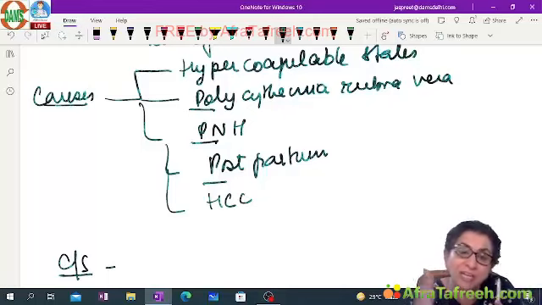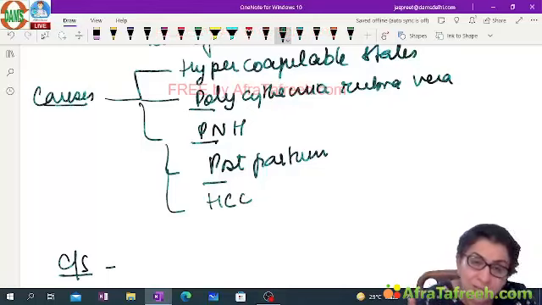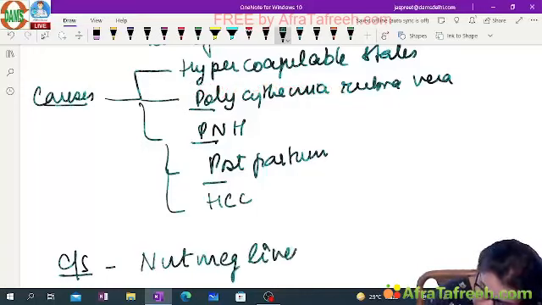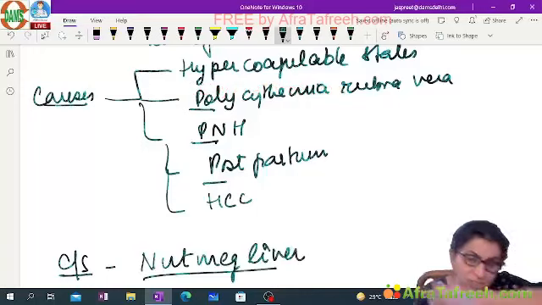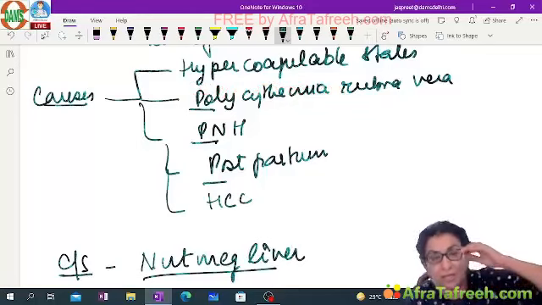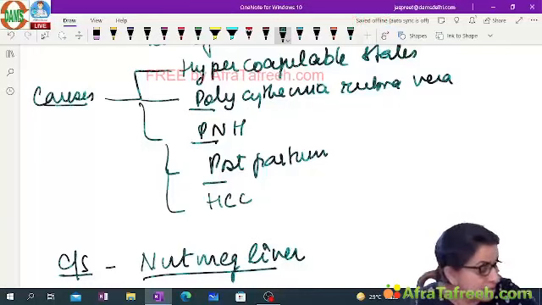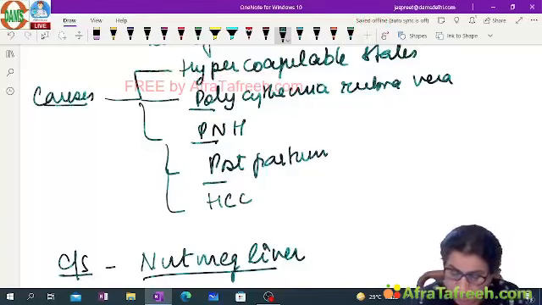The cut section of the liver looks like the cut section of supari, or nutmeg. So the cut section shows nutmeg liver. Congestion is around the central vein, so nutmeg liver. So that is about Budd-Chiari syndrome.